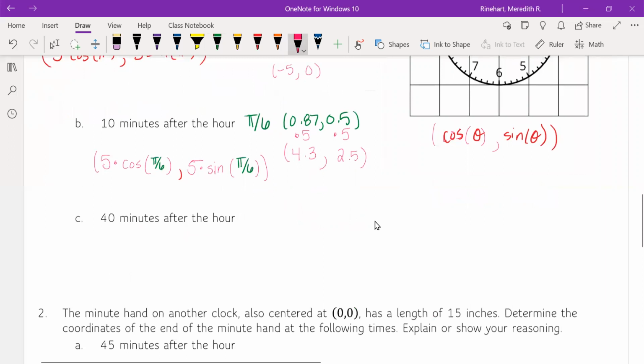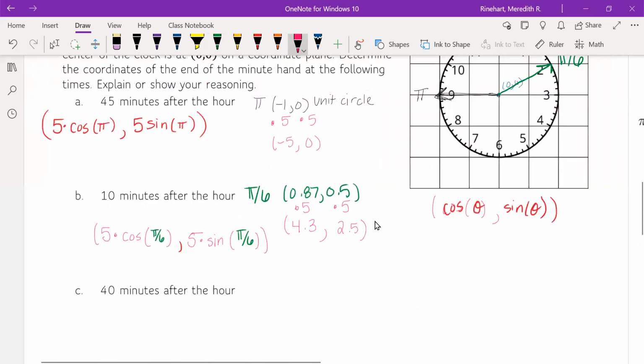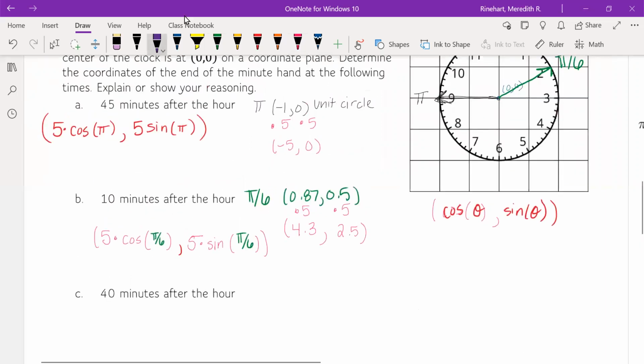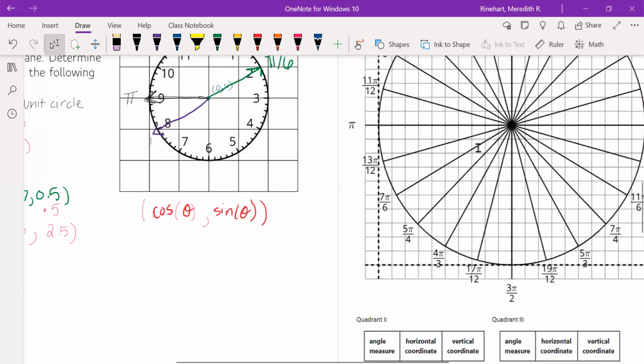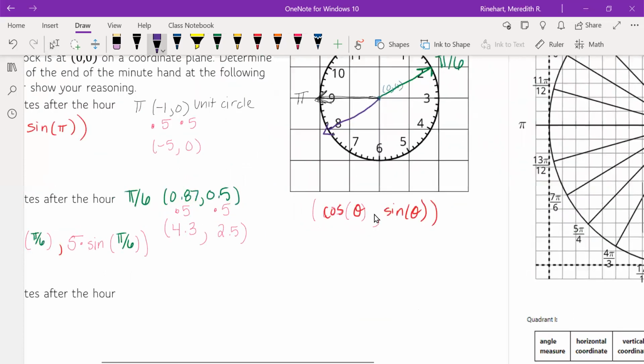For part C, we are at 40 minutes after the hour. 40 minutes after the hour is at the 8. If we look at our unit circle, this would be about 7 pi over 6. And again, you'll notice that this is the opposite of pi over 6.